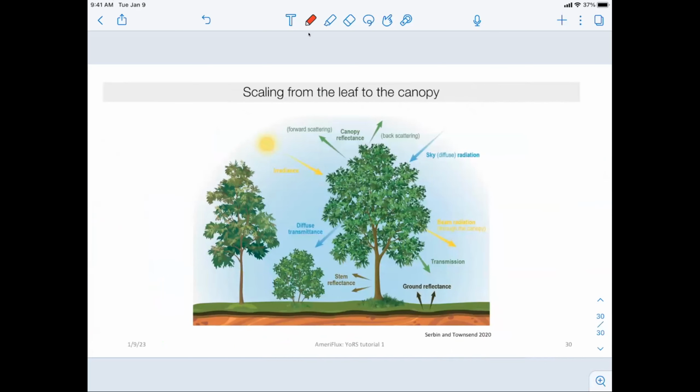And again, this all has to do with a lot of different angular issues and different things that we can't get into in this talk, but have to do with how these photons interact with the canopy and ultimately send light back to our sensor. And that is all I have to say. And I will transition over to Zoe.